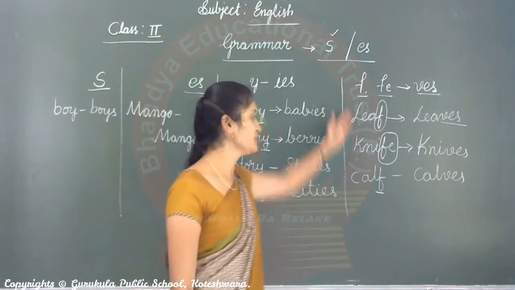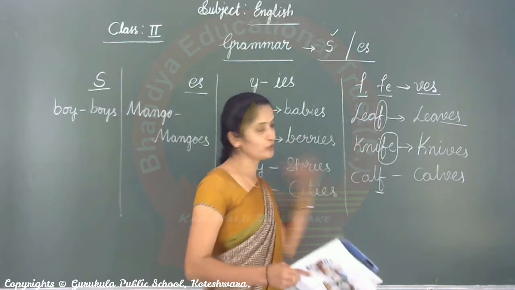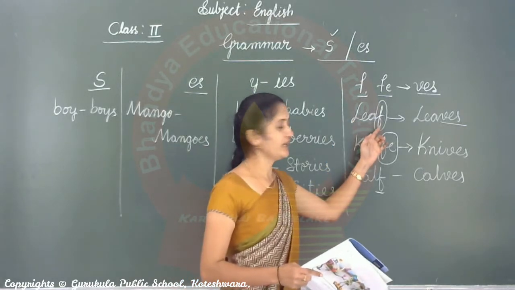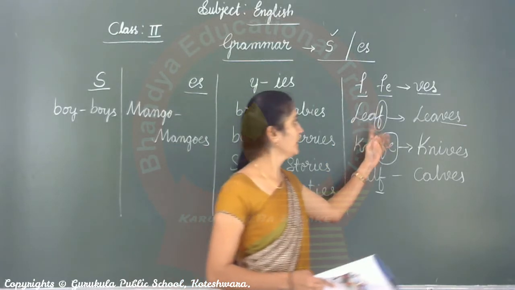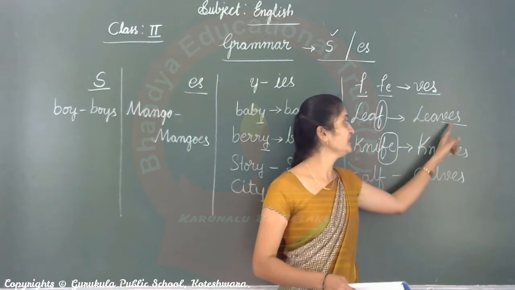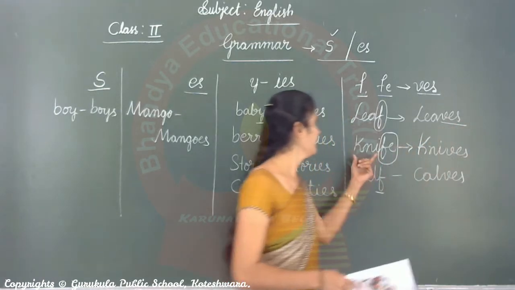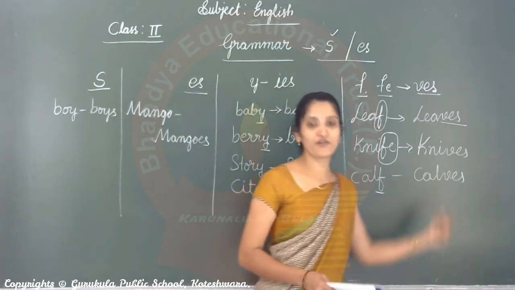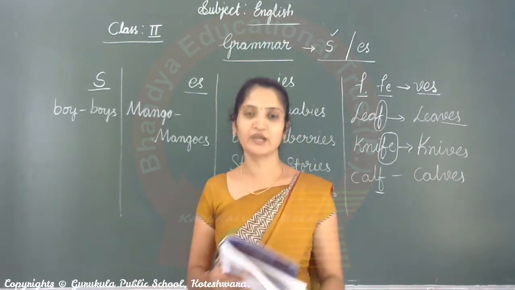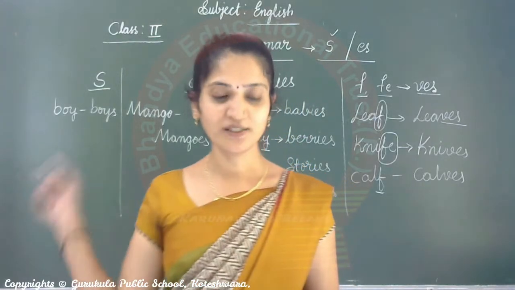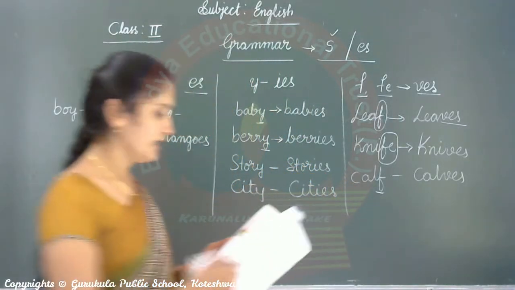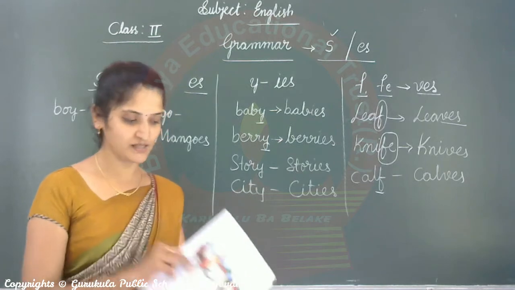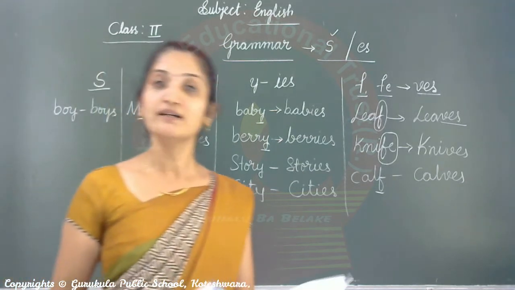For example, these many words they give. I wrote only this. See, leaf, the end letter F. How will it change? VES, leaves. Knife, knives. Calf, calves. Like that, many words they give. I think you all understood this very well. If you have any doubt about this, you can ask in the evening class.